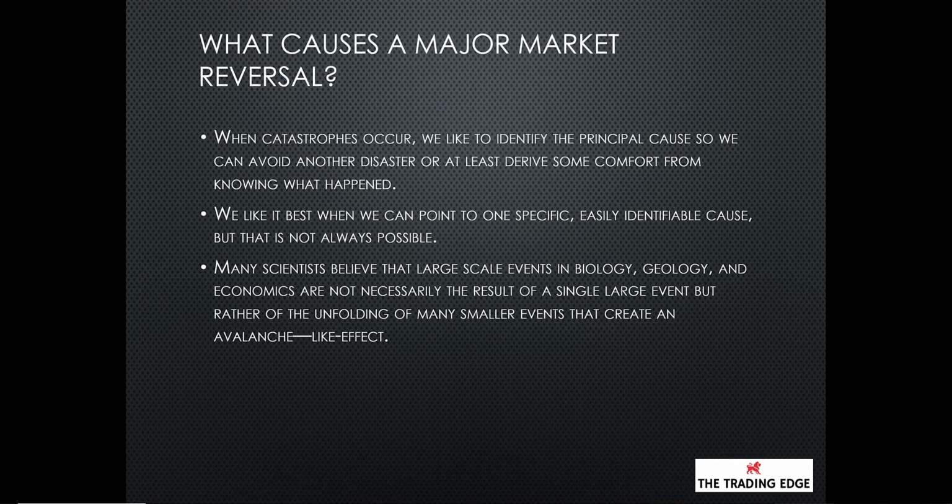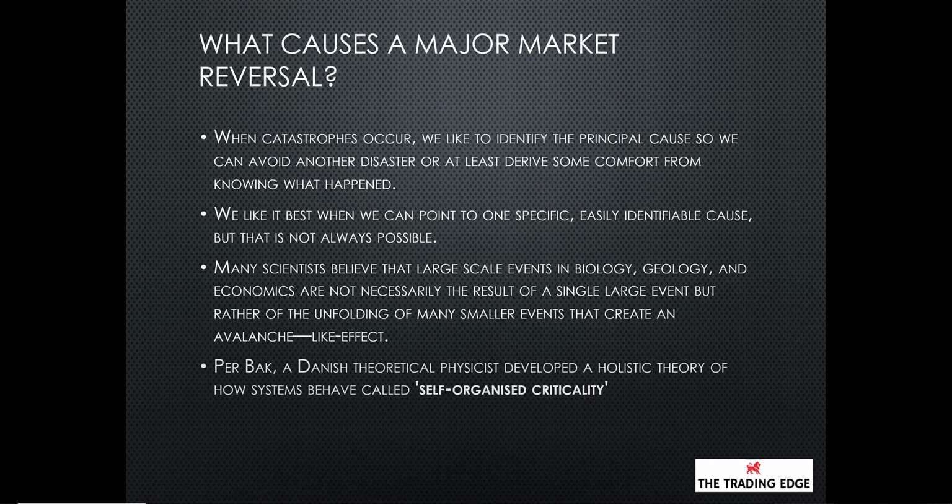So many scientists across different fields like biology, geology, and economics really believe that the result of single large events doesn't come from any one single cause, but rather the unfolding of many smaller events that create an avalanche-like effect.